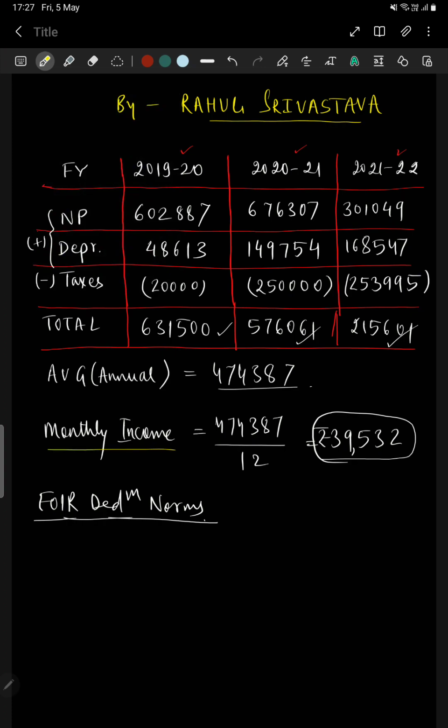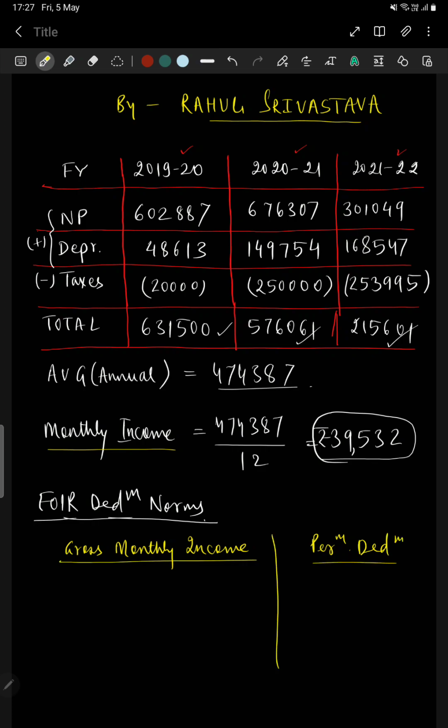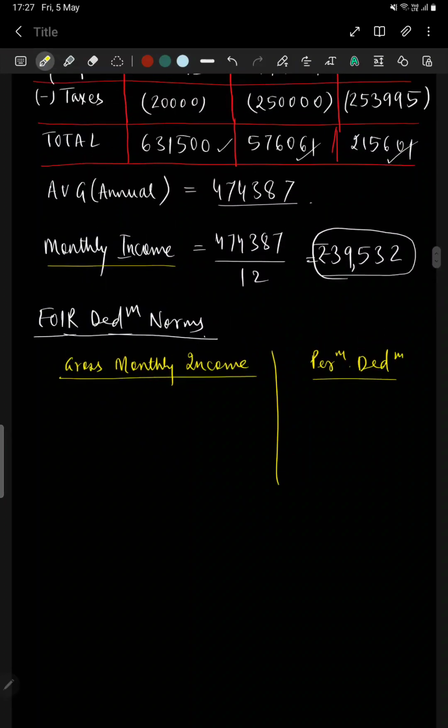It says that gross monthly income and permissible deductions. If gross monthly income is less than 25,000 then the maximum permissible deduction allowed is only 60%.